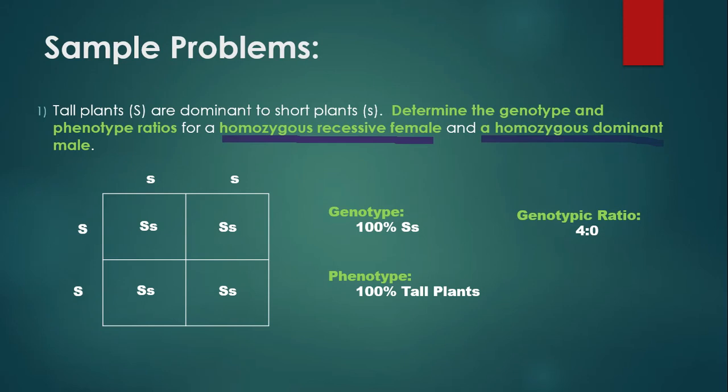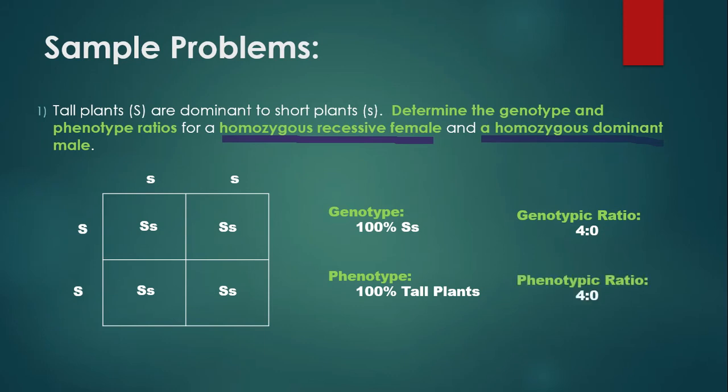If there are times that a small letter s is written first, then that's the time that you write short plants in the phenotype. But since all of the results were expressed with capital letter S, the phenotype would be 100% tall plants, as capital S represents tall plants.